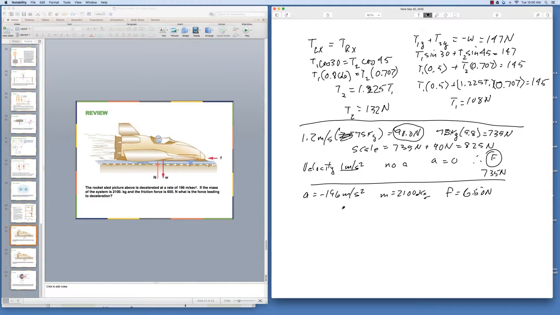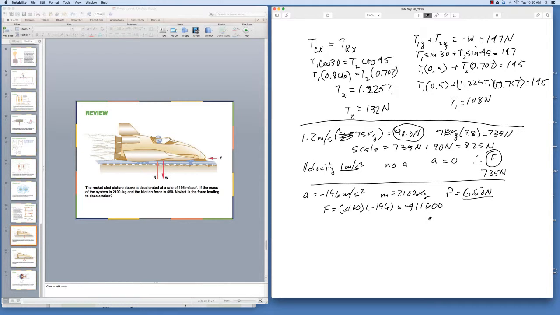And so the force required to do this deceleration is going to equal the mass times the deceleration, which is a very large number, 41,600. Now the question is, is this friction incorporated in here, or is it in addition to that?